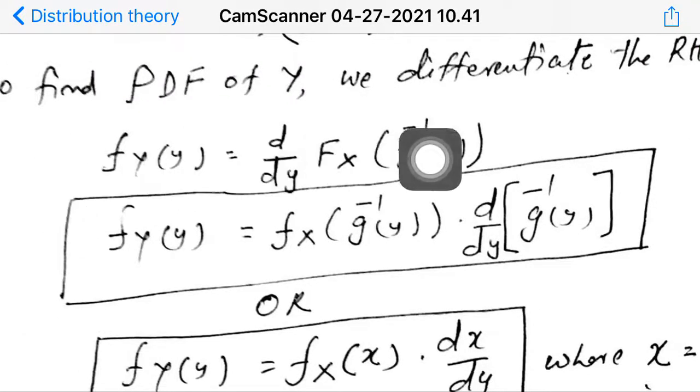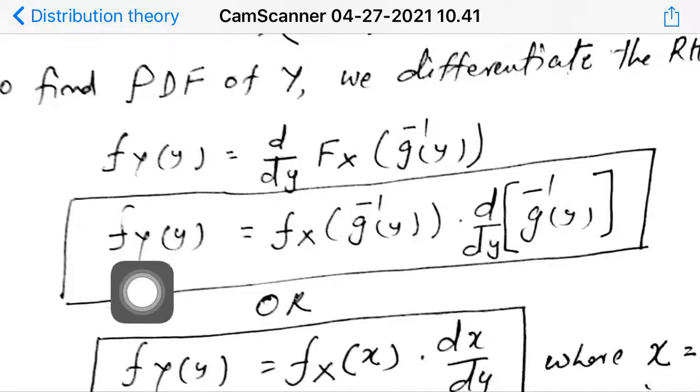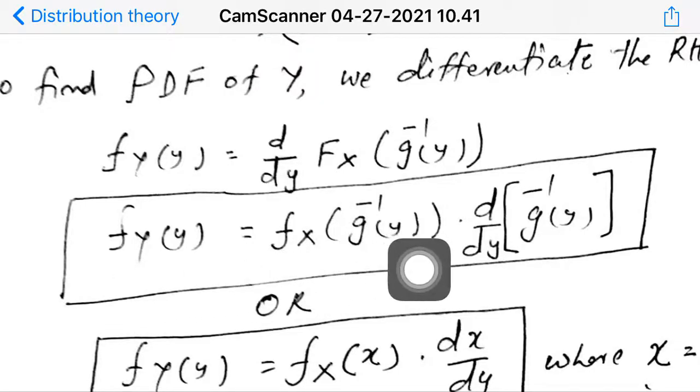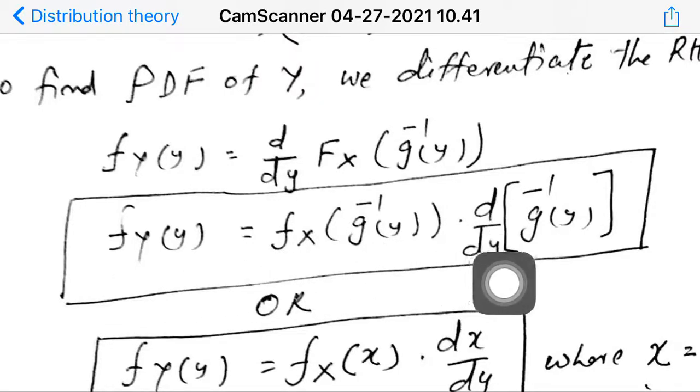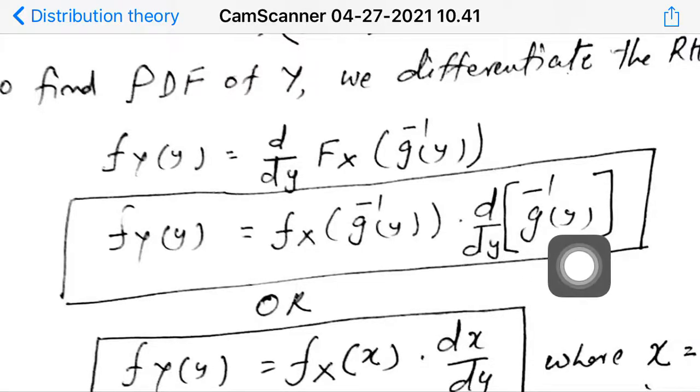the boxed formula: fy of y is equal to fx of g inverse of y into d by dy of g inverse of y. And you know, this g inverse of y is written as x, because you have earlier found that x is equal to g inverse of y.